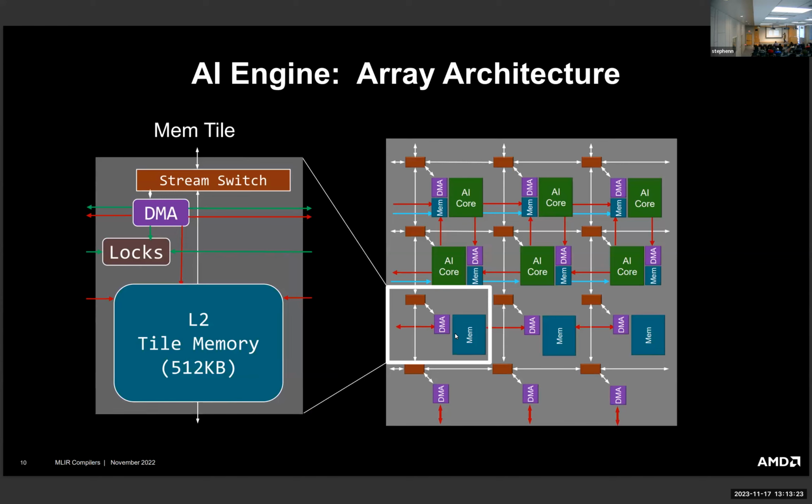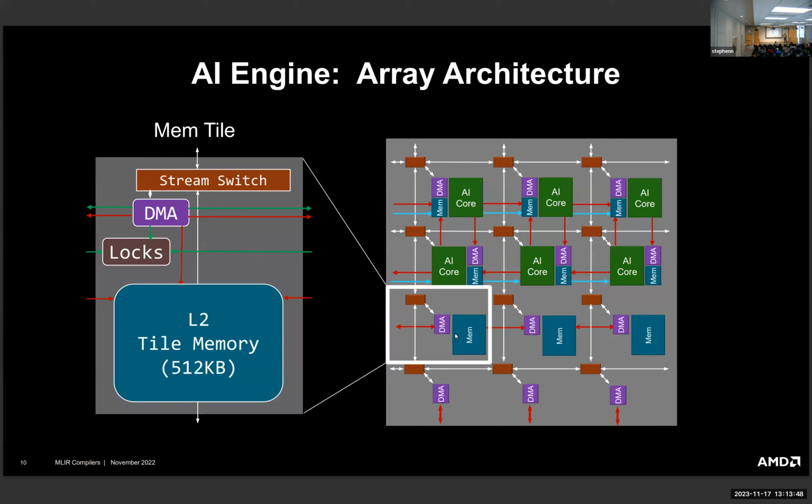Down at the bottom of the chip, kind of in a row, there's what we call mem tiles. So mem tiles are kind of very similar, except they don't have a processor, but they do have a lot more memory. So the idea of this is it sort of acts like your L2 cache, allows you to bring data from off chip, store it on chip, maybe have more storage so you can keep data alive on chip without going back and accessing it from external memory again and again.